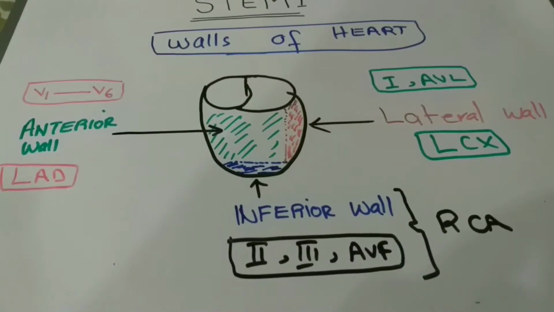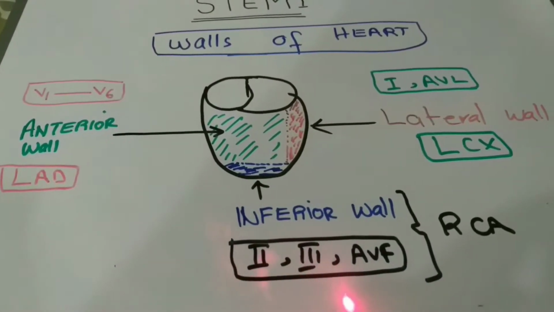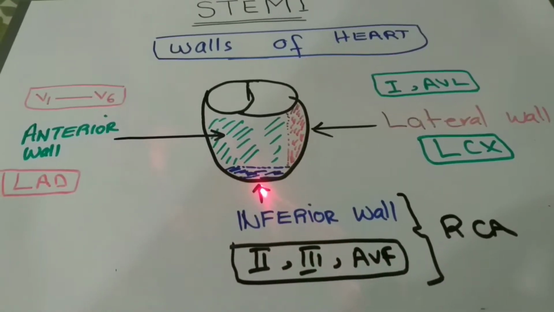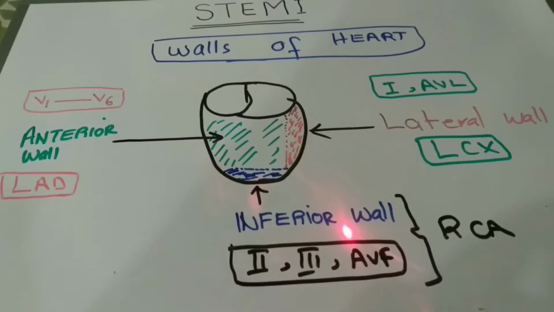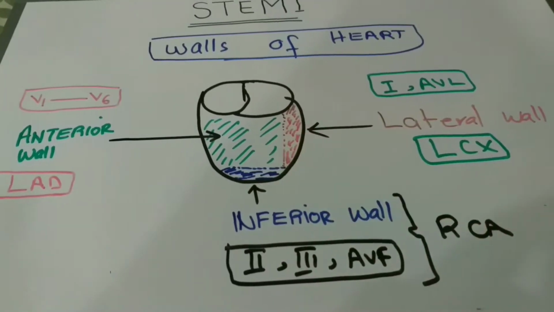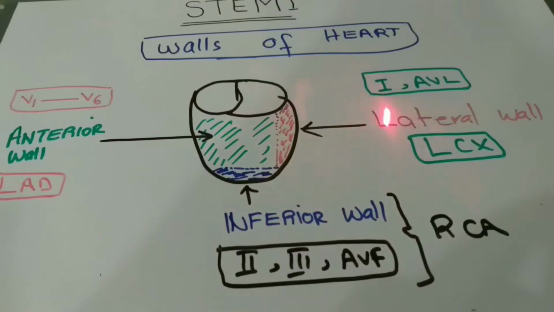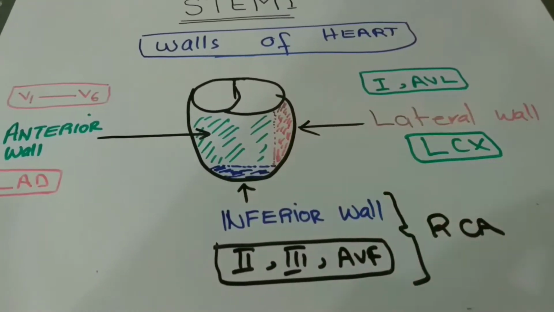And leads 2, 3 and aVF on the ECG represent the inferior wall, and this inferior wall is supplied by the right coronary artery. On the ECG paper, lead 1 and aVL represent the lateral wall, which is supplied by the left circumflex artery.